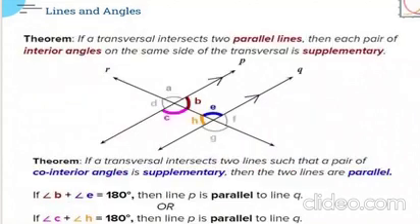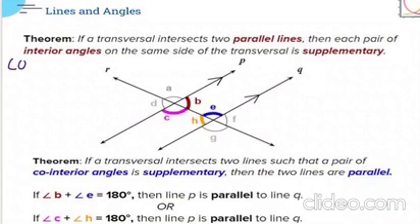Simple. Now, next theorem is, if a transversal is intersecting two parallel lines, then each pair of interior angles, or co-interior angles, will be supplementary.